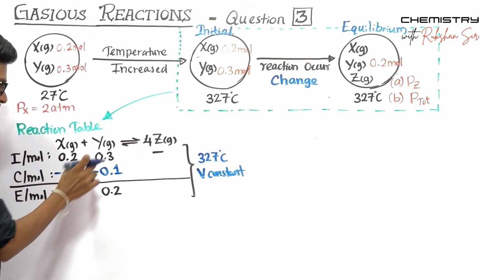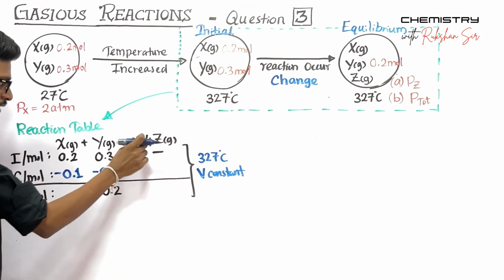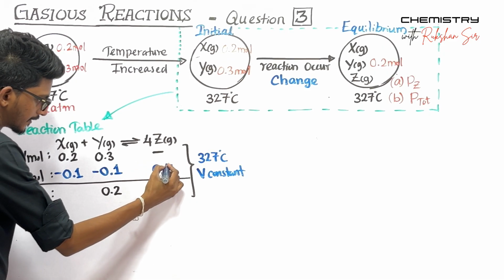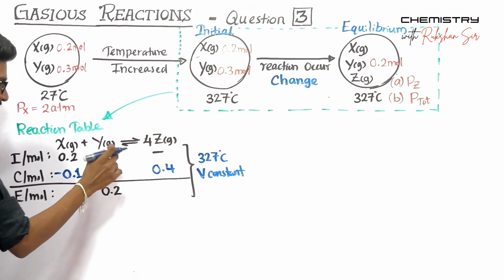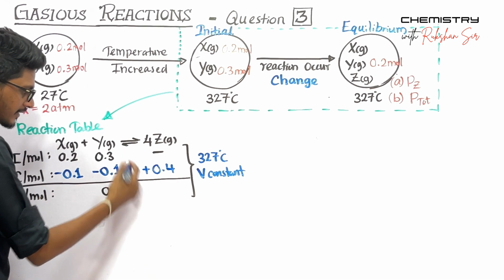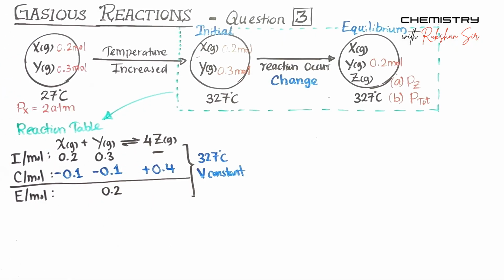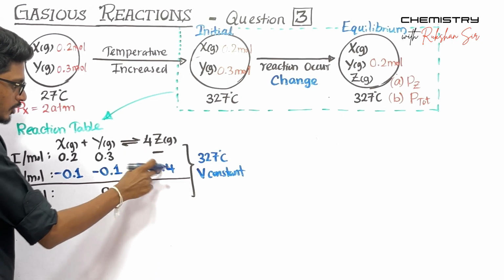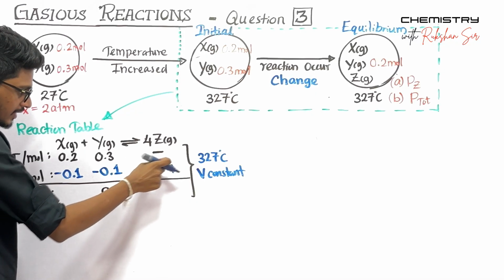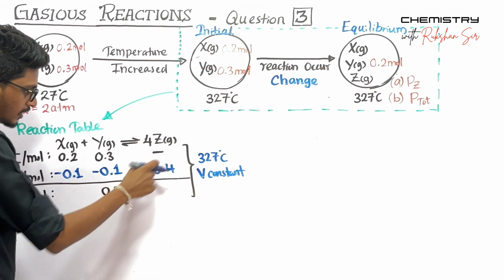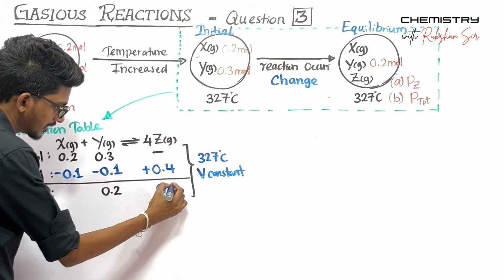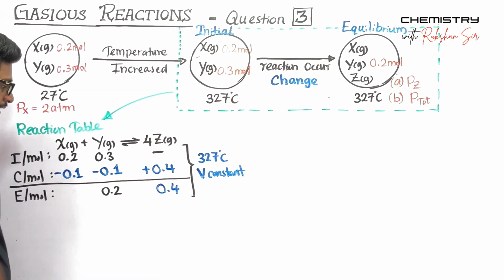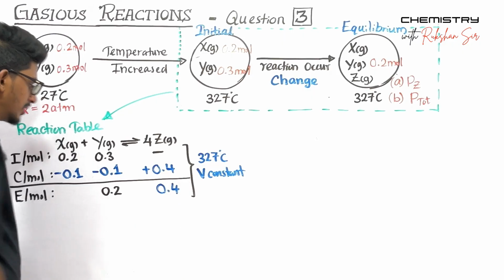So if 0.1 mole of Y reacts, 0.4 moles of Z should be produced. Produced means this is added to the system. At the beginning you didn't have any Z, but the reaction produced 0.4 moles, so at the end 0.4 moles of Z should appear.